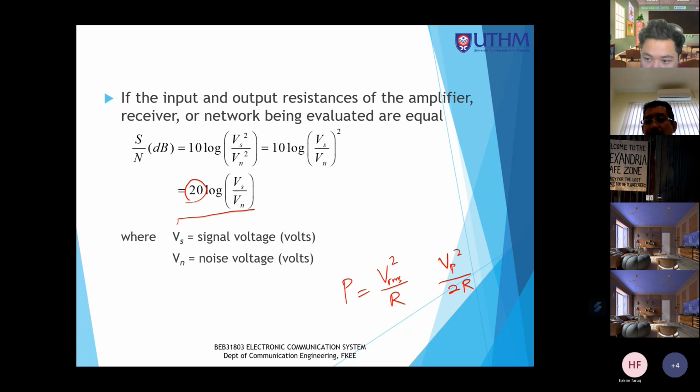Regardless of which one you use, it doesn't matter. For example, if you use RMS voltage, this is Vs RMS square over R, divided by Vn RMS square over R.